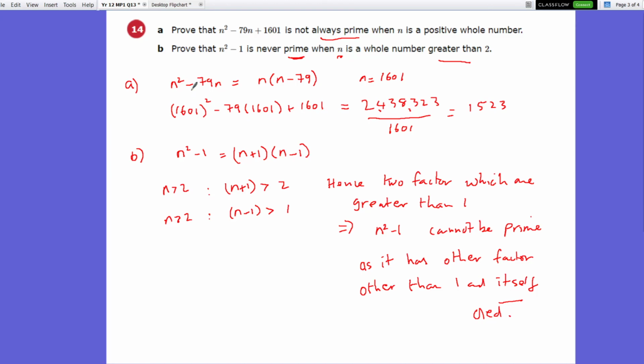Similar reason. So when we show this value, this is a counterexample, which is enough to prove that this expression is not always prime.